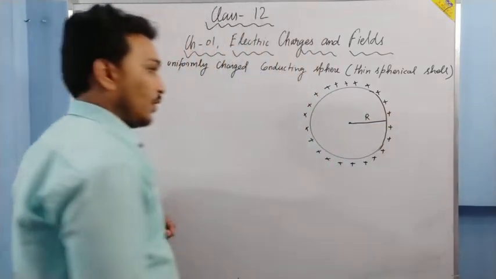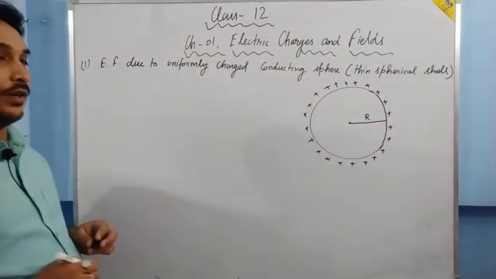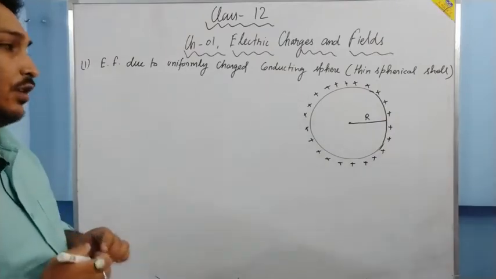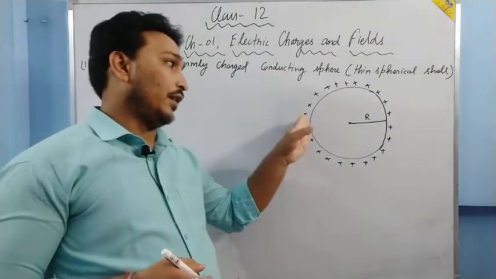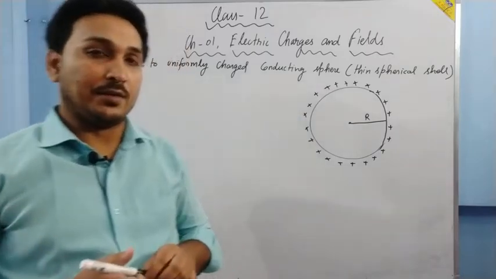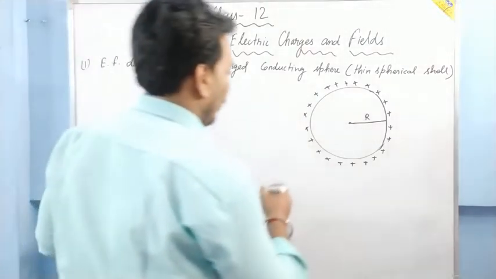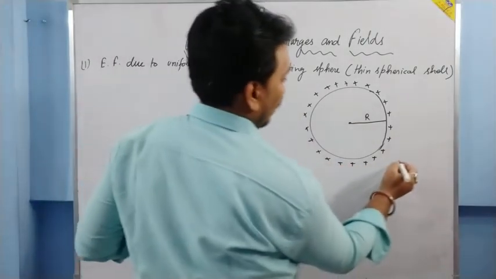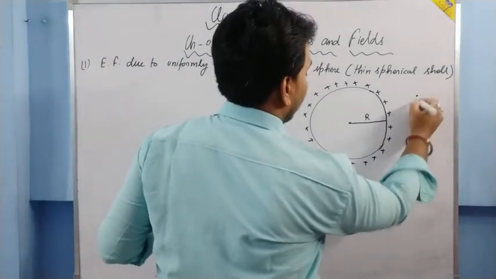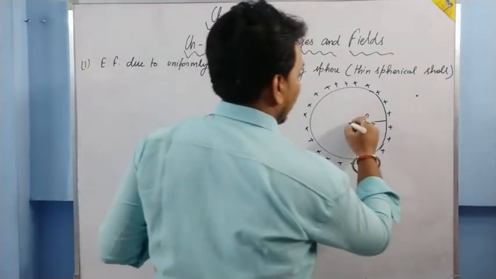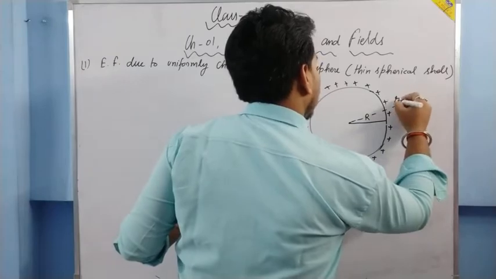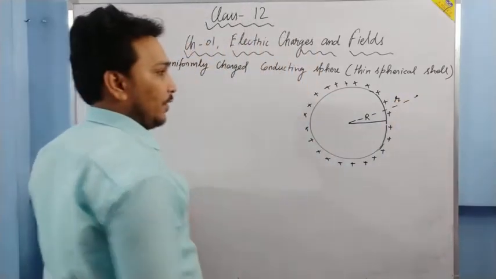Now we have to find out the electric field in 3 regions. One outside the sphere, second one on the surface, third one inside the sphere. Let us do it then one by one. Suppose we have taken a point here outside the sphere, which is at a distance small r from the center.